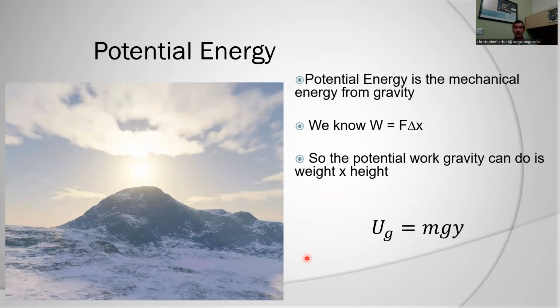Let's do some other examples. We know that potential energy is basically, in this case, force times distance. So climbing a mountain, we would have to do so much work to gain potential energy.